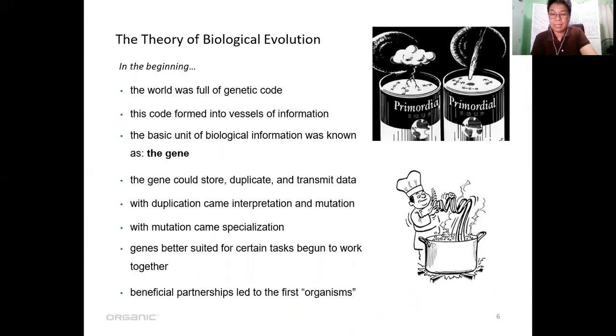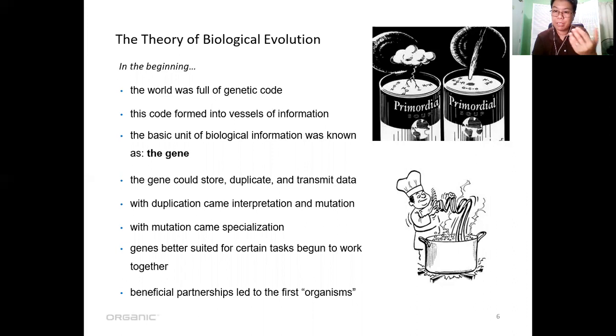In the beginning, there were codes, full of genetic codes, and then these codes were formed into vessels of information. Remember your PCs, before they had no operating system, they were full of vessels of information, and the basic unit of that biological information was known as the gene.